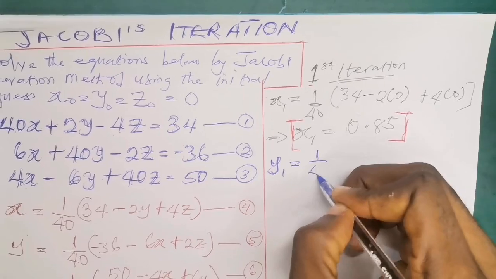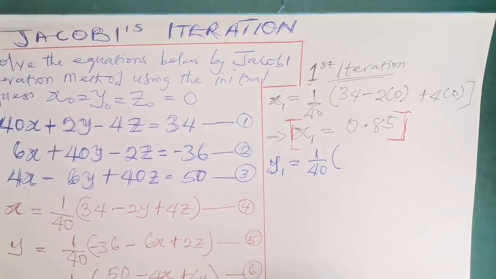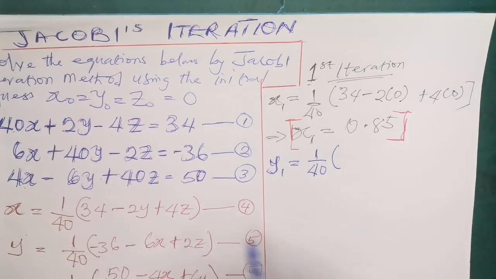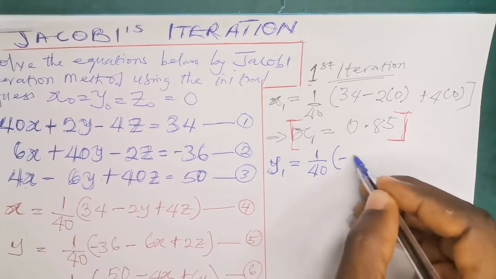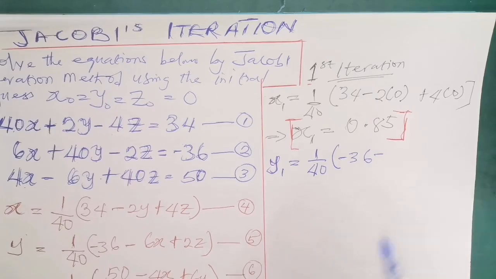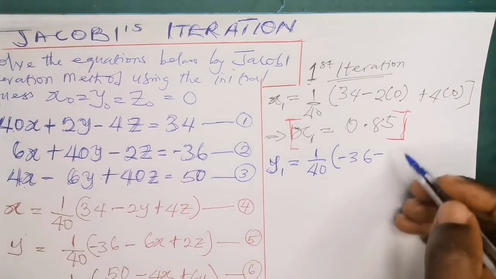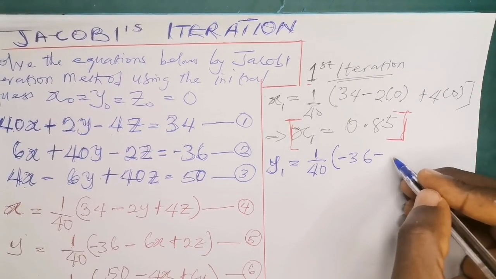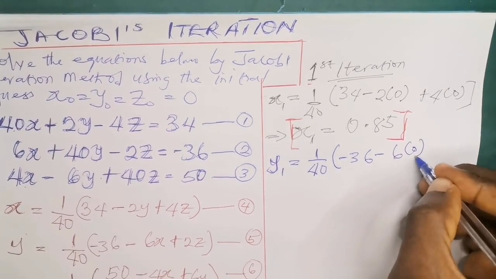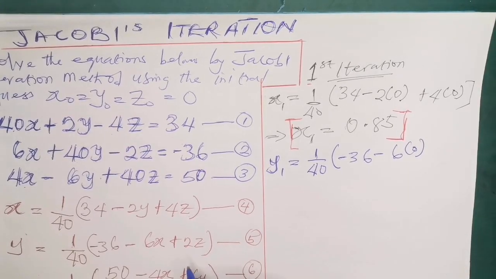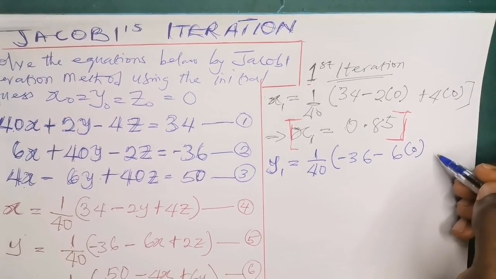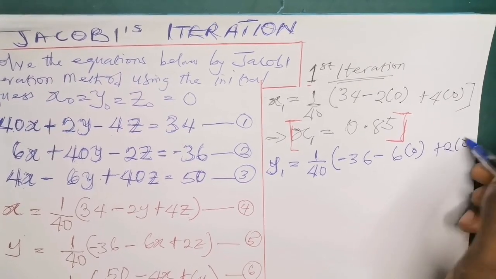This is 1 divided by 40, multiplying through now by negative 36, minus 6x, and x is 0, so that's simply 6 multiplied by 0, plus 2z, again z is 0, so that's plus 2 times 0.